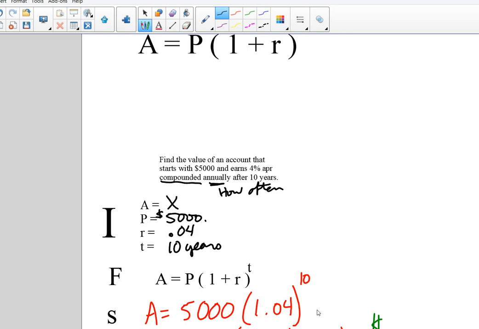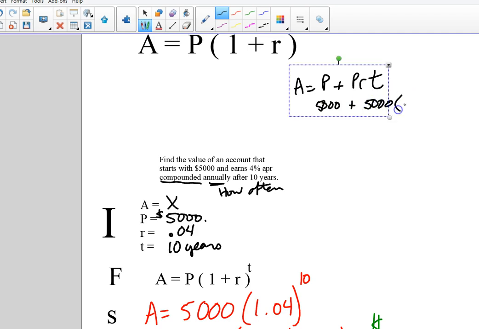Now what's going on here is, if I say, well, in one year, how much is the account worth? If I go back to my simple interest, if I figure it out, P plus PRT would be 5,000 plus 5,000 times 0.04 times 1 year.